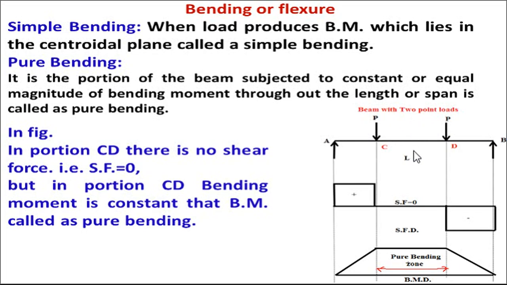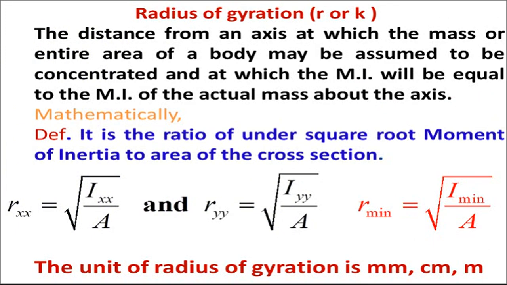If only one load acts at the center, that is called single point loading. In 2-point loading, normally it is a case of pure bending. That's why this 2-point loading case is normally considered during practicals to conduct tests on timber, tile, or steel members or RCC beams. So this is a very important part, pure bending, from the oral or examination point of view.